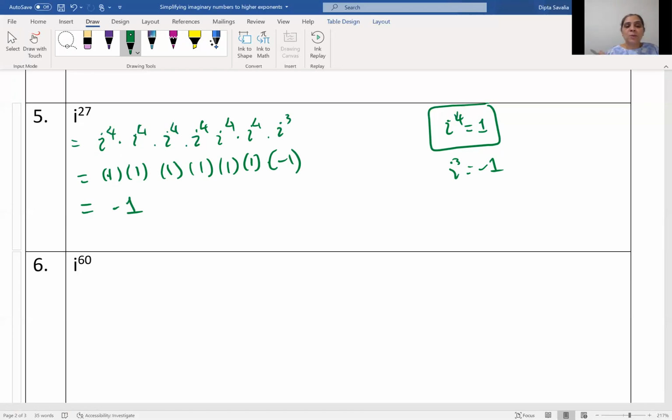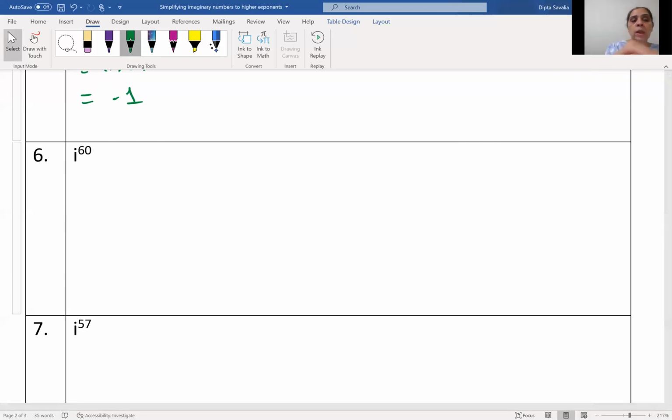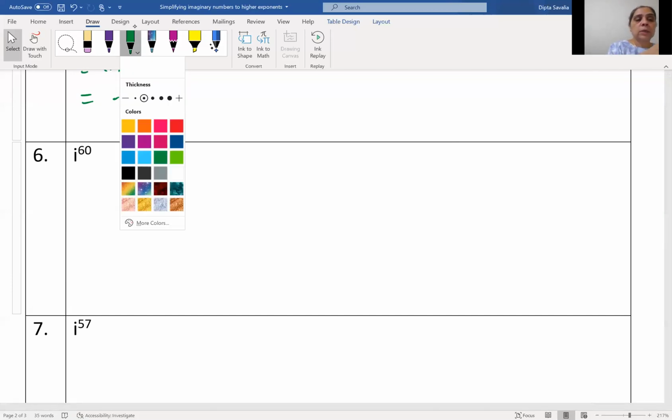Now look at this. That's a semi-shortcut we can do. We have to write i to the fourth power a couple of times, right? Now, a very quick shortcut we can do: here we have i to the 60th power. You can simply divide by 4 because we knew i to the fourth power is 1, right?